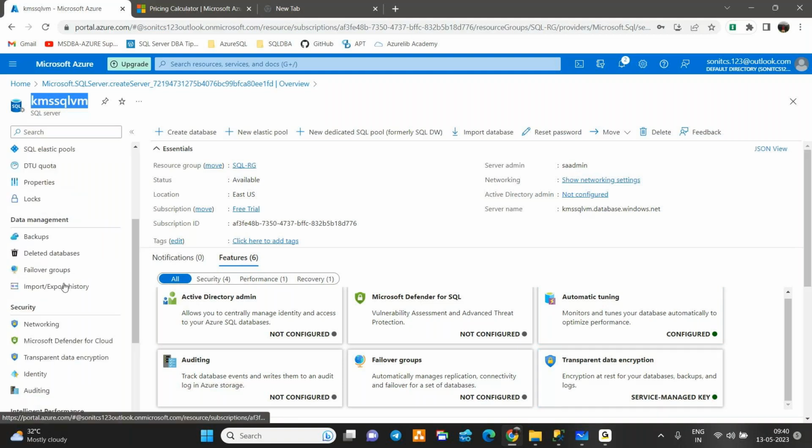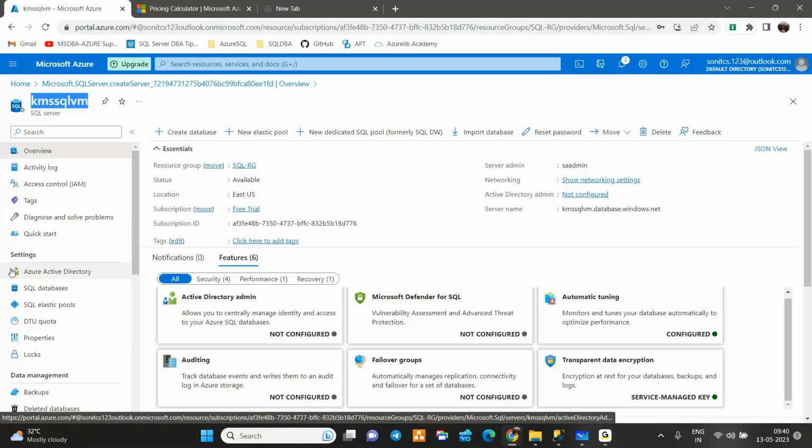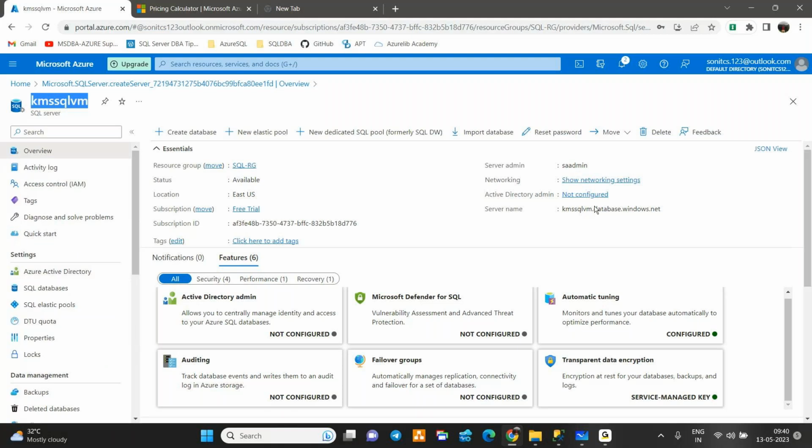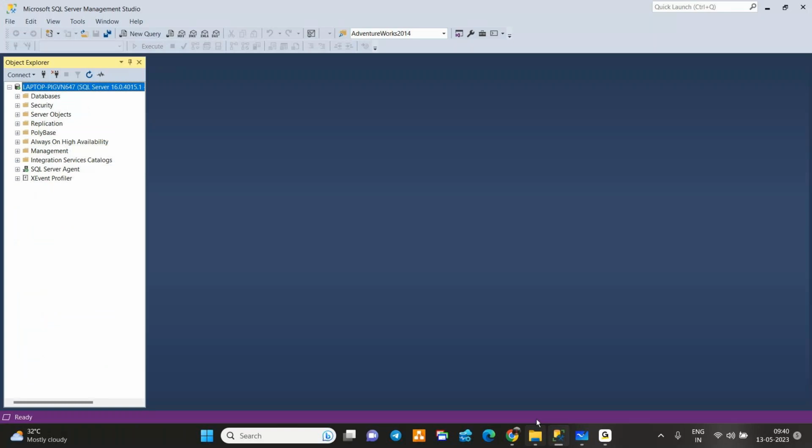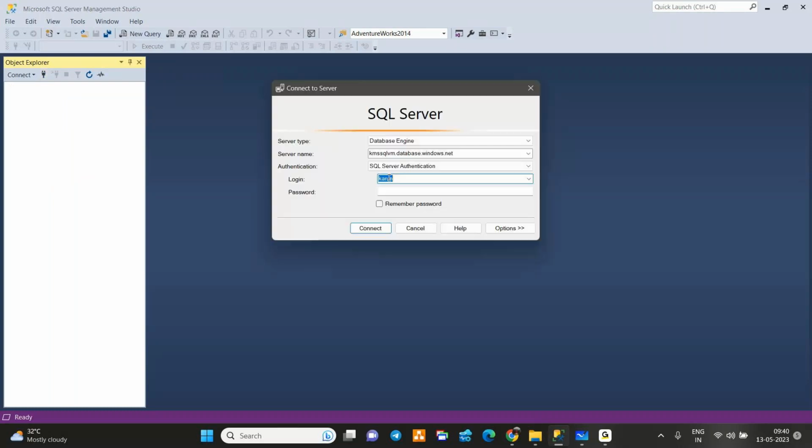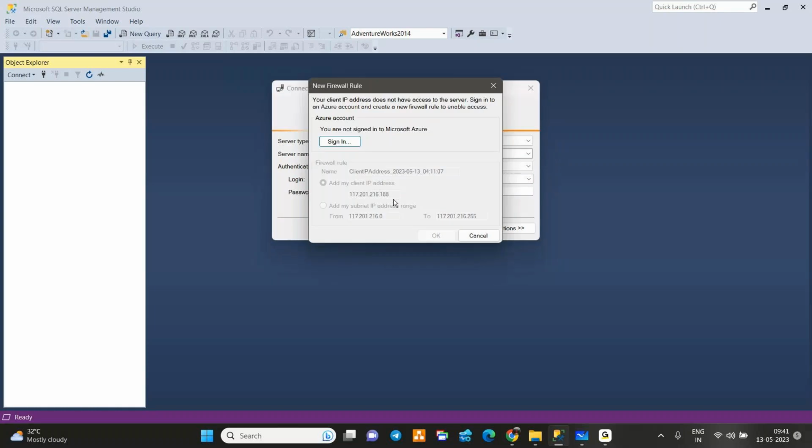First, what we will do is copy the server name, go to SSMS, and try to connect, sir. This is the SQL authentication I chose, right? Now I need to pass the admin login and enter the password. When you click on connect, you will get a warning by default, because here you get one more level of protection.